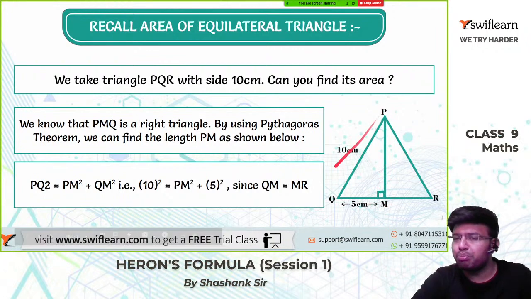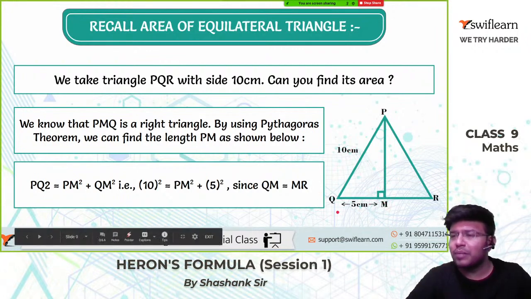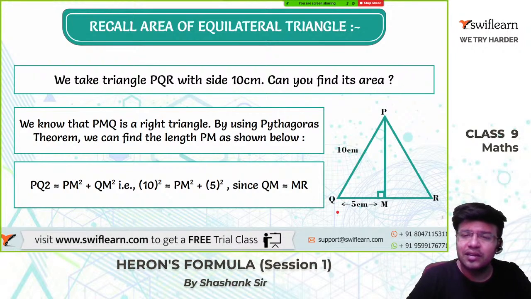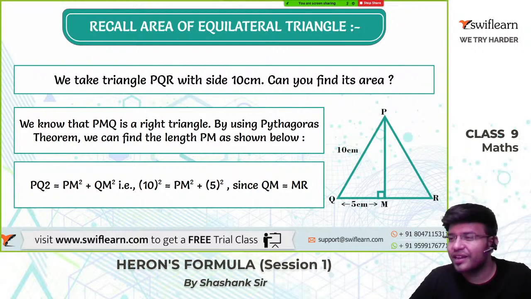Now this side we know, this side we know, this side we know. Triangle PMQ, what type of triangle is it? Yes, it is a right angled triangle. Using the Pythagoras theorem, can we solve for the unknown length, which is PM? PQ square is equal to PM square plus QM square. Substitute the value of PQ, which is 10 square, and QM, which is 5 square.